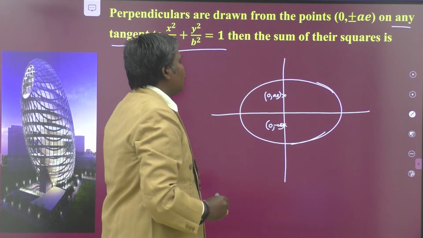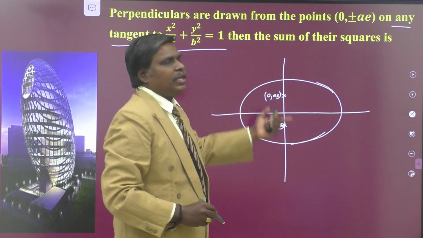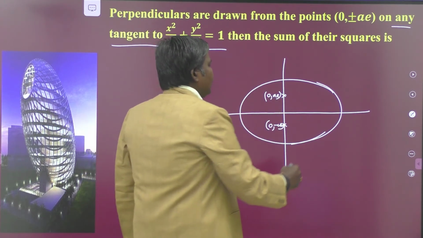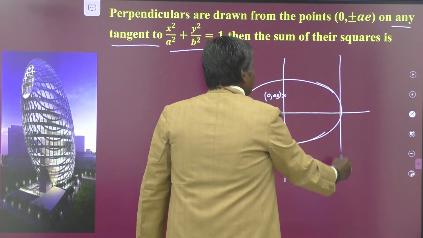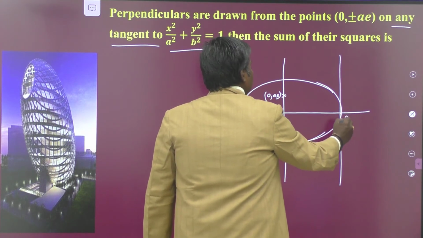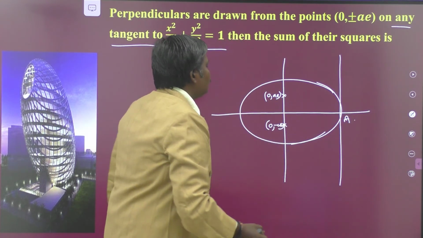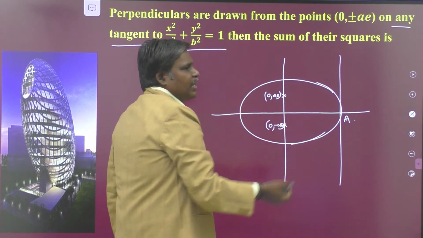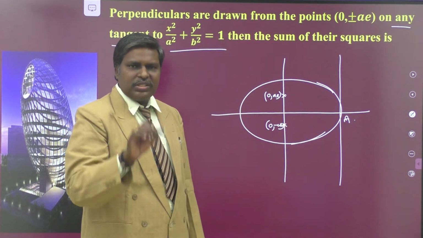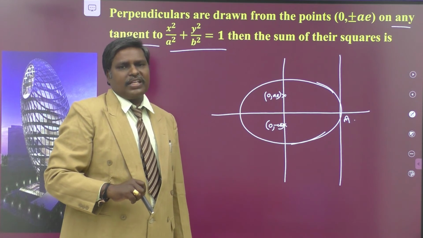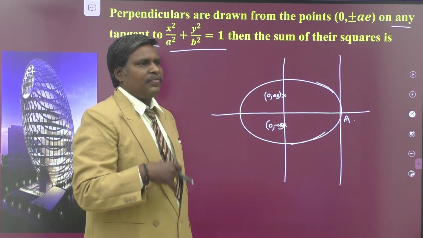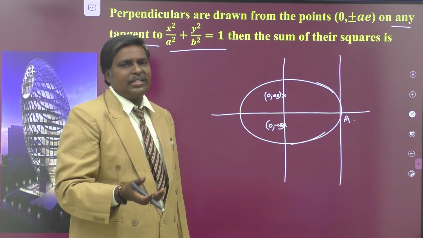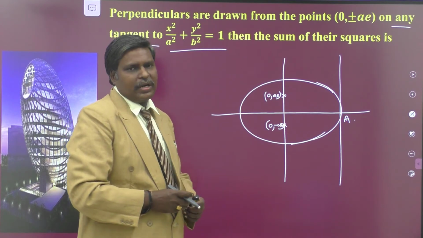So you have to draw the perpendiculars from these two points to any tangent. For our convenience, you take the tangent at this vertex. Otherwise, you may take the general tangent, draw the perpendiculars and find the perpendicular distances by using the formula |ax1 + by1 + c|/√(a² + b²), multiply them and simplify, we get the required answer.